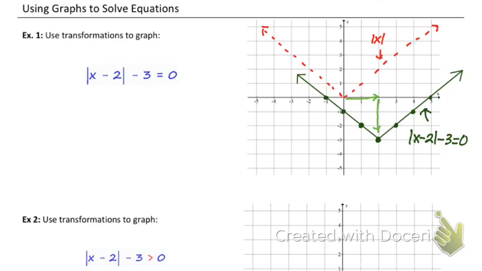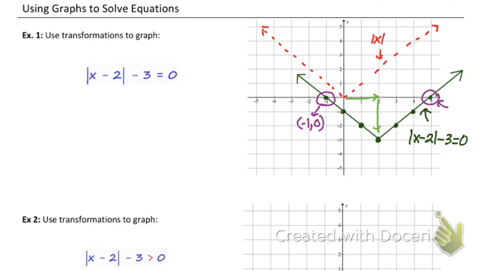So if they're asking me for what x value do I plug in to get out 0, I'm going to circle the values that have a y value of 0. What will show up? Purple. So I'm talking about right here and right here. Because this point right here is -1, 0.